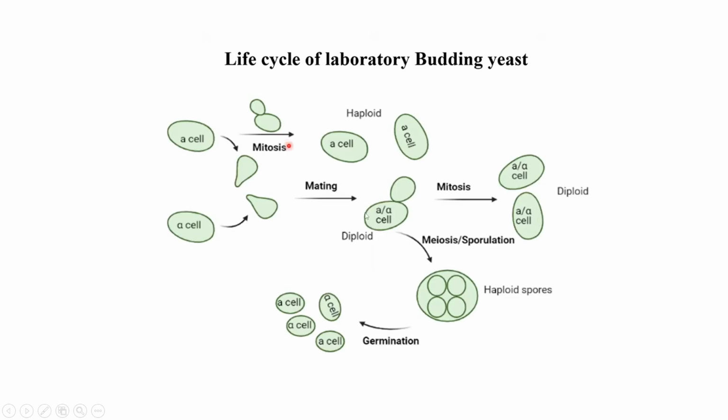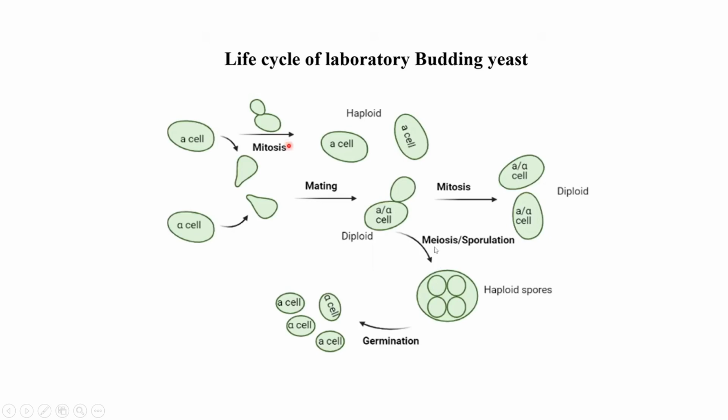So in the nutrient deprivation condition, generally the diploid cell, this Saccharomyces budding yeast, will not be able to survive, and it will undergo meiosis because in meiosis crossing over occurs, and in crossing over there is a chance that there will be a new organism which contains a different genome compared to the parent, and it will promote survival by the additional characteristics which arise due to crossing over.